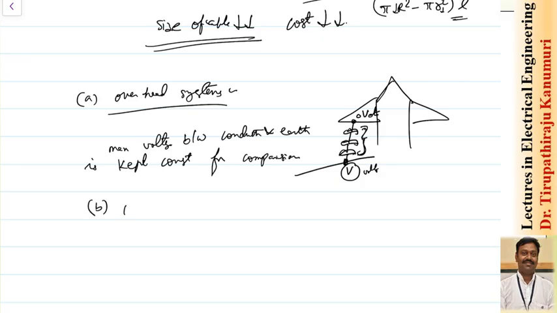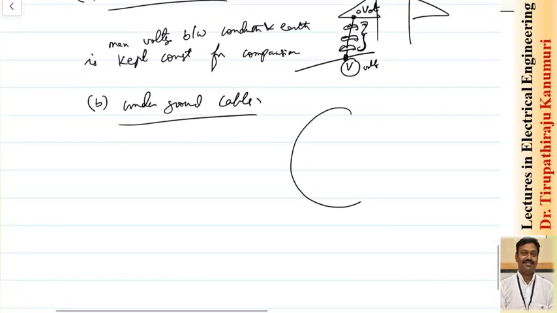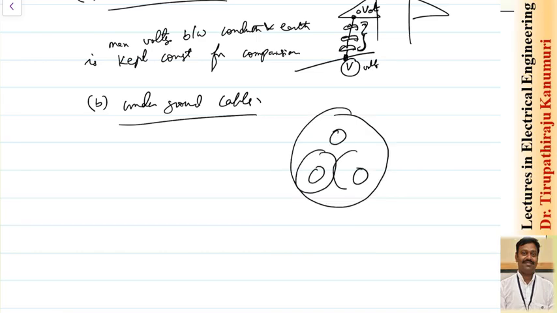Now coming to underground cables. The cable will be like this. There will be different conductors, three conductors let us assume, because a three-phase system is used. Practically we are going to prove why it is used. Now this is one conductor at some potential V1, this is another conductor at potential V2, and this is at potential V3. The potential difference between these voltages decides the thickness of the insulation required, or up to what value of voltage we can increase.